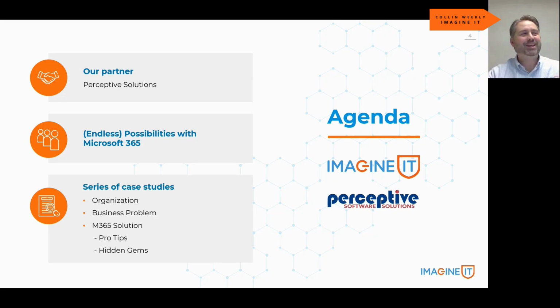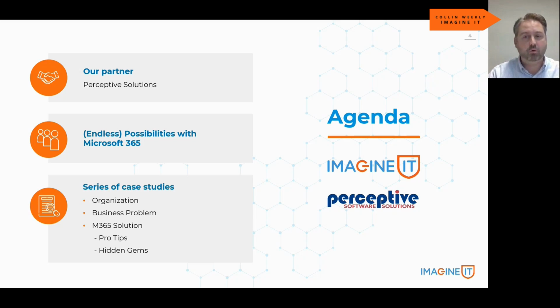So our agenda today, again, endless possibilities with Microsoft 365. As you could tell by the periodic table and the other page we looked at, there's just a ton of different tools, and it can be a bit overwhelming. But some of the tools that we're going to share today should help you get an idea of what might work for you and your business. We're going to do this through a series of case studies.